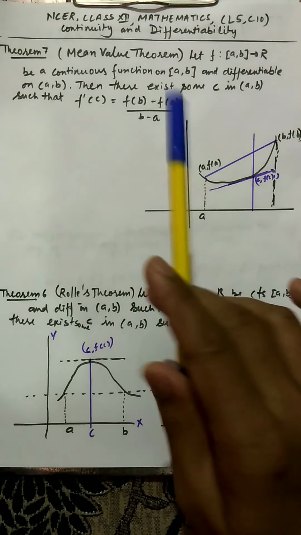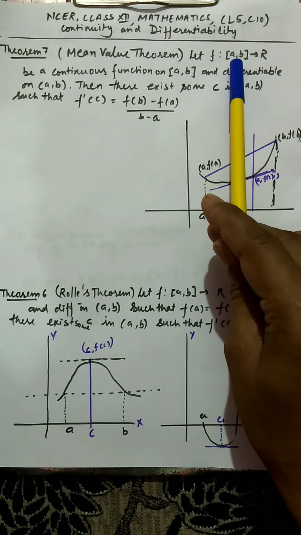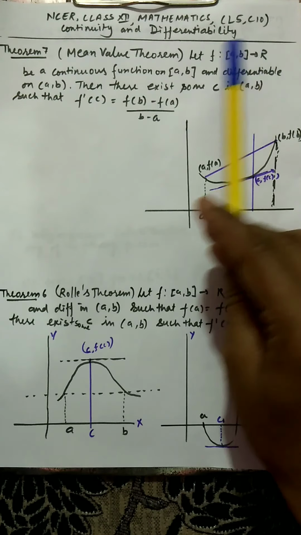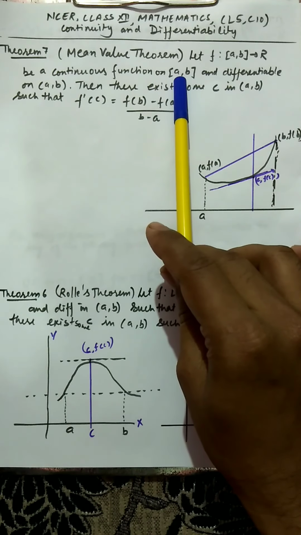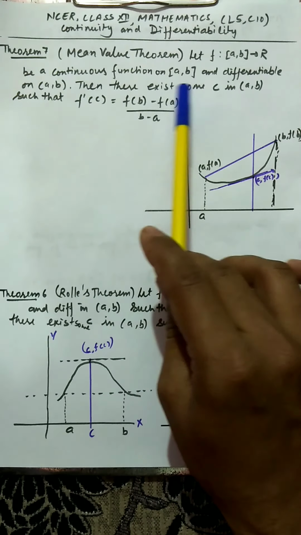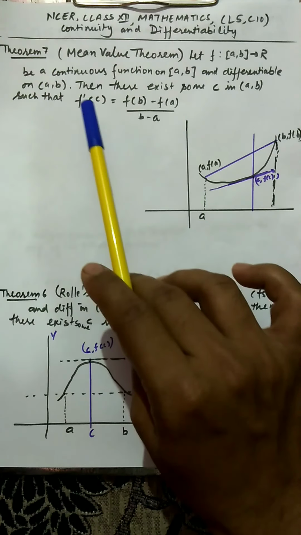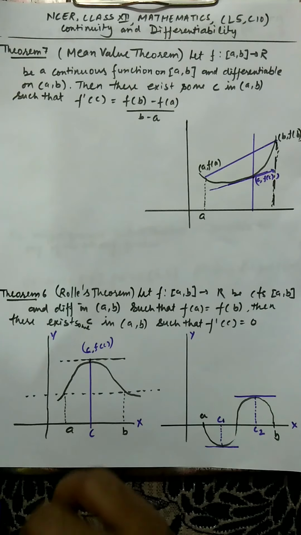We'll discuss in detail. The mean value theorem says: let f be a function from the closed interval [a, b] to R, continuous on the closed interval [a, b] and differentiable on the open interval (a, b). Then there exists some c in (a, b) such that f'(c) = (f(b) - f(a))/(b - a).